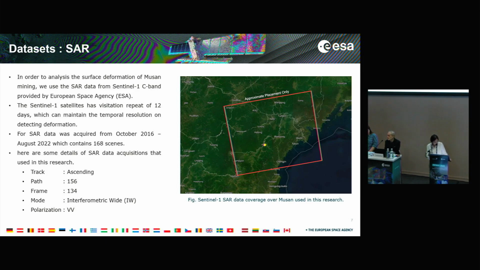The SAR data was acquired from October 2016 to August 2022, containing 168 scenes. We use the ascending track, path 156 and frame 174, and we use IW mode and VV polarization.